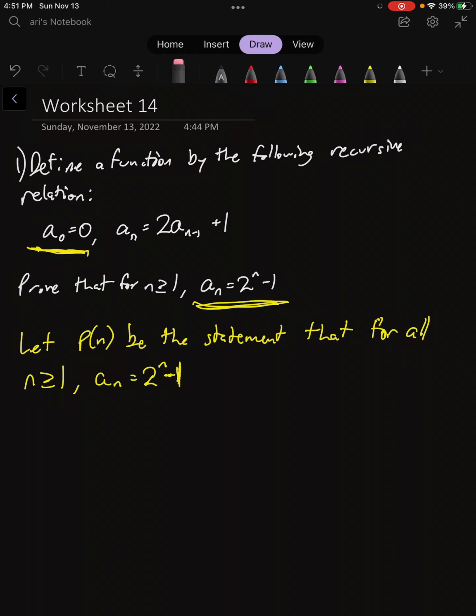Let me do that part again. 2 to the n minus 1. Nice. I have no idea when it's going to come out nice and when it's not.